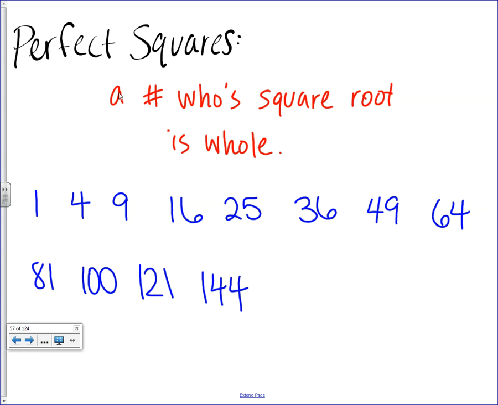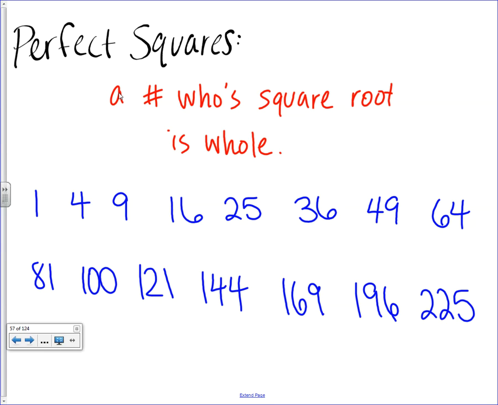Thirteen times 13? Why guess? Use a calculator. 169. 196. And how about the last one we're going to do, the 15th one? 15 times 15? Okay, so by no means are these all the perfect squares. Those are just the first 15.